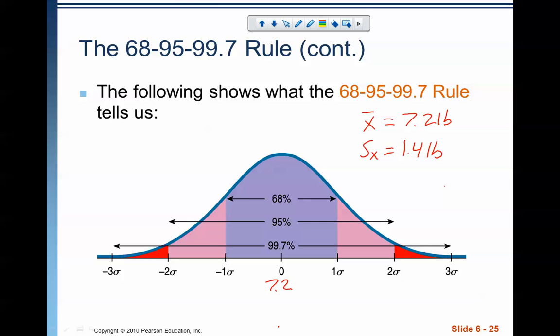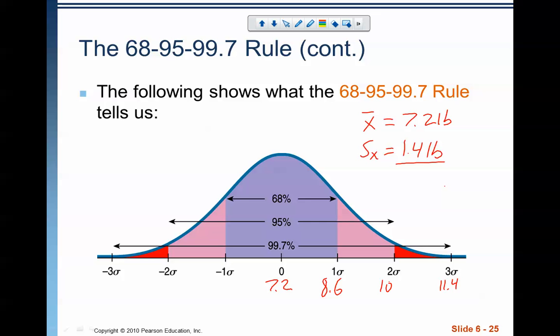Each of these little things is one standard deviation to the right or to the left, which means if you take that standard deviation value and add it to the mean, we can find out where one standard deviation above the mean is. So that's about 8.6. Then 2 standard deviations above the mean is about 10 pounds, and 3 standard deviations above the mean is about 11.4 pounds.